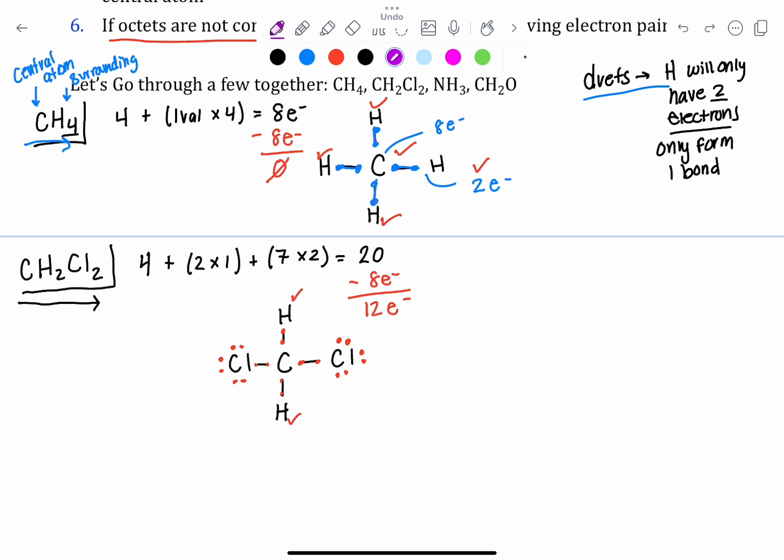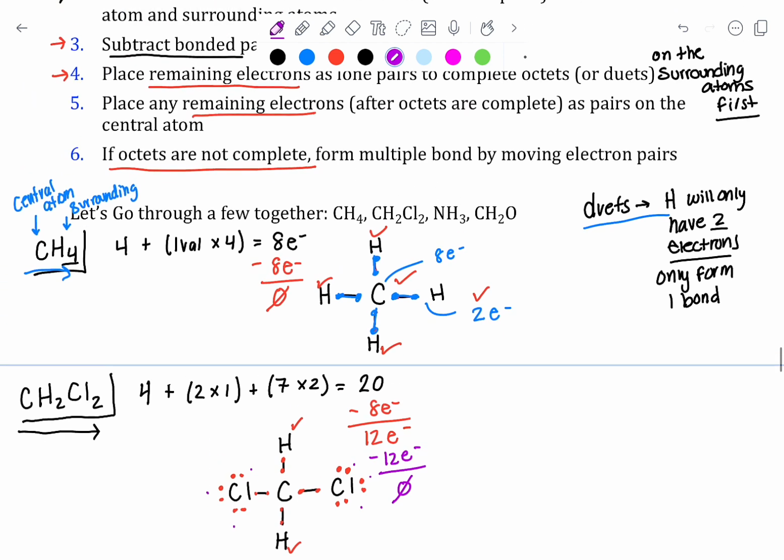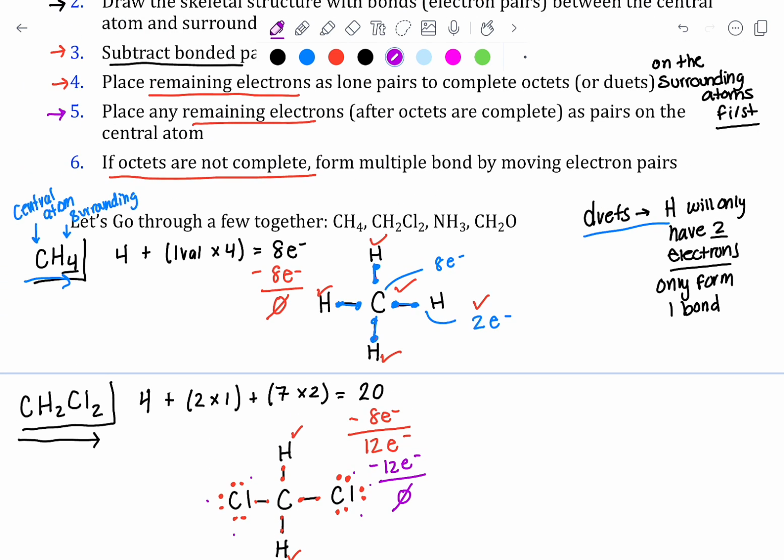So putting on those lone pairs, I used up 6 pairs of electrons, which is 12 electrons. So I have no more electrons left. So step 5 doesn't apply because I don't have any electrons remaining.